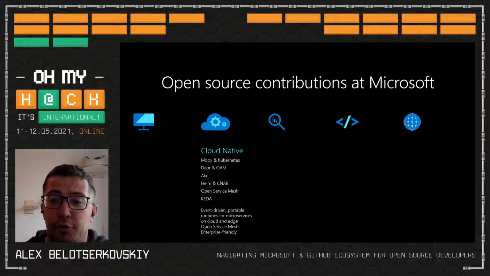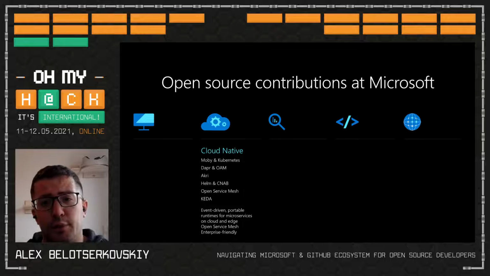But for me and for many of us in Microsoft, cloud native is about culture. And regarding that culture, we are a big enterprise company. So what we are trying to do is make cloud native technologies more enterprise friendly.